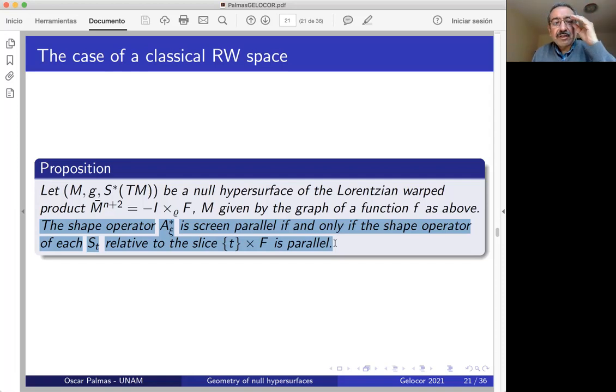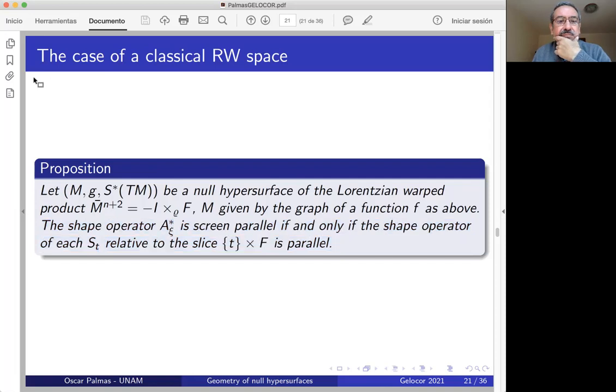So we have also an exact relation between these two concepts.